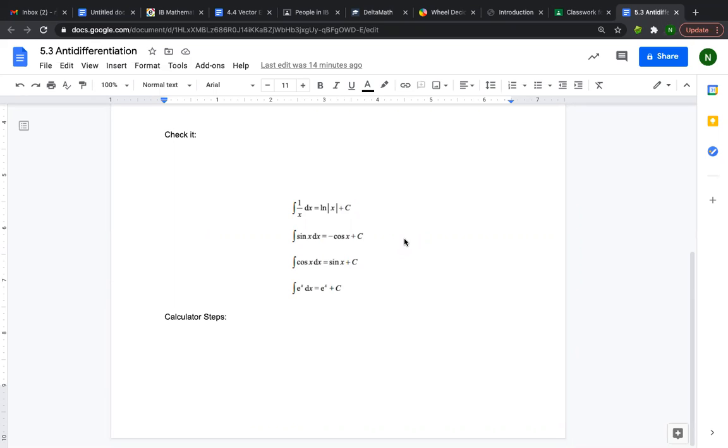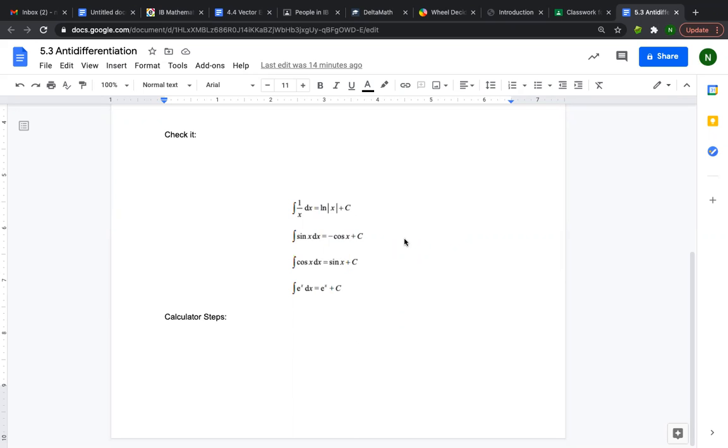Your calculator can actually do an integral for you typically. All you have to do is press your math button and scroll down to the integrate button. It's right under the derivative button.